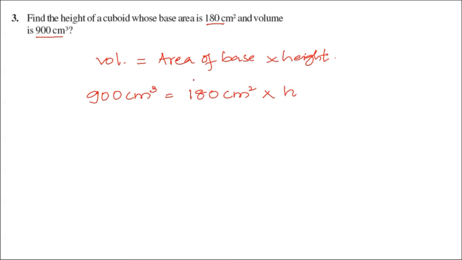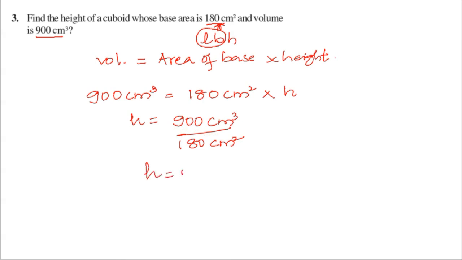In other words, I can also say that the volume of a cuboid is given by the formula l b h. This l into b is nothing but the area of the base. So h is to be found. This will be 900 centimeter cube divided by 180 centimeter square. 0 gets cancelled. 18 5 times is 90. So h will become equal to 5 centimeter. This 5 centimeter is the height of the cuboid.